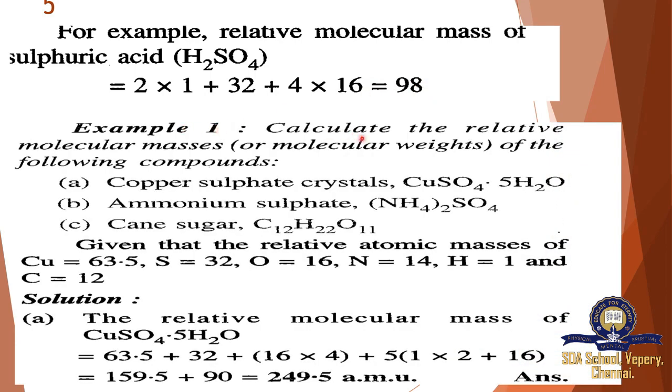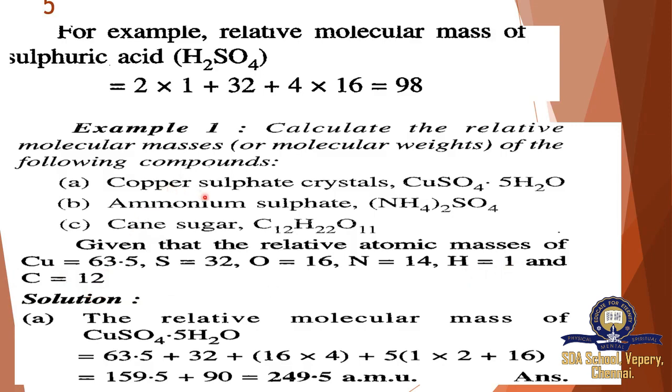Next we have a sum to calculate the relative molecular mass of the following compounds. Here they have given copper sulfate crystals, CuSO4·5H2O, then ammonium sulfate, (NH4)2SO4, and cane sugar, C12H22O11, which is nothing but sucrose. The atomic weights are already given: copper 63.5, sulfur 32, oxygen 16, nitrogen 14, hydrogen 1, and carbon 12.